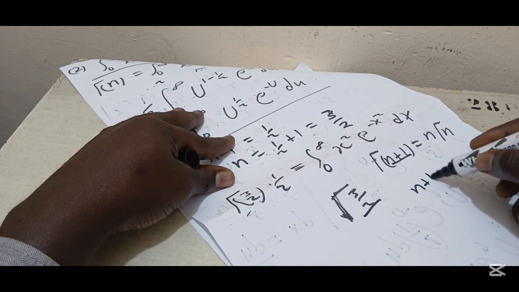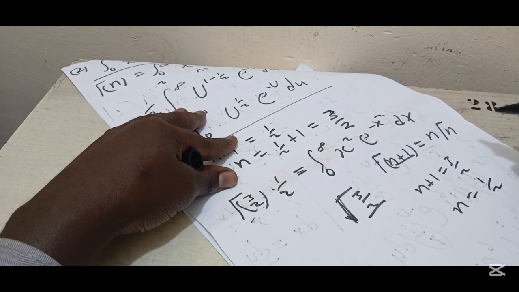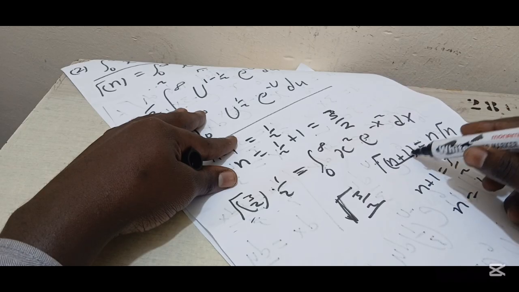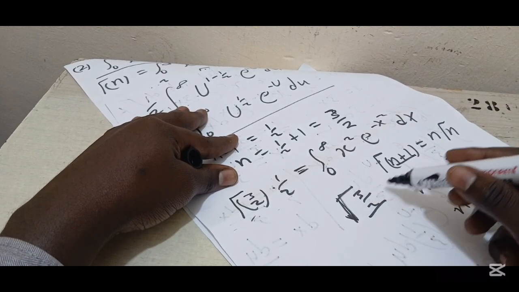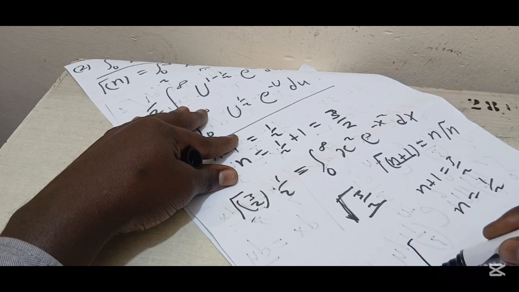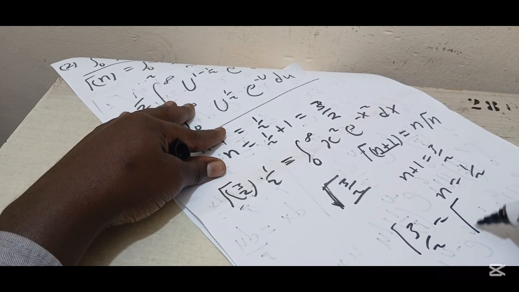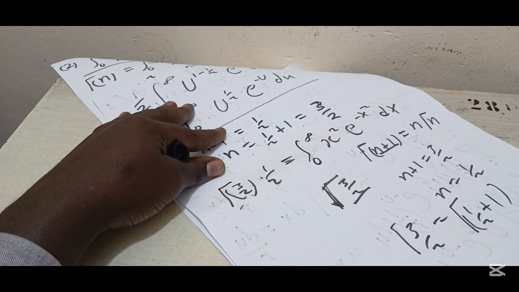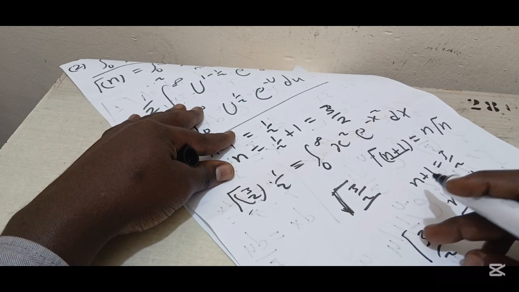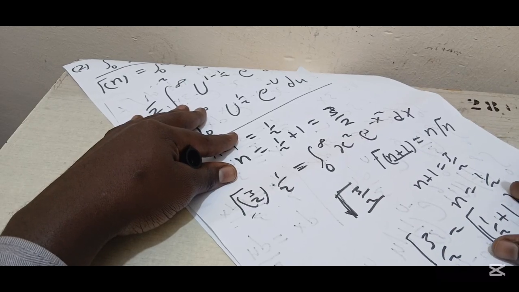So n plus 1 should give us 3 on 2. Solving for n, you see that your n will give you half, which means that gamma 3 on 2 is the same as gamma half plus 1. So this means we can represent gamma 3 on 2 by gamma half plus 1.